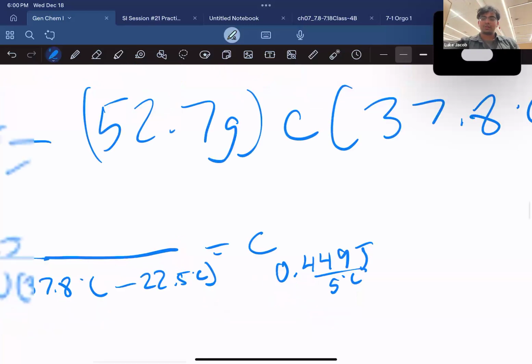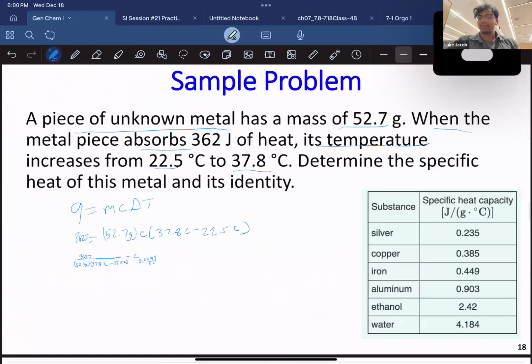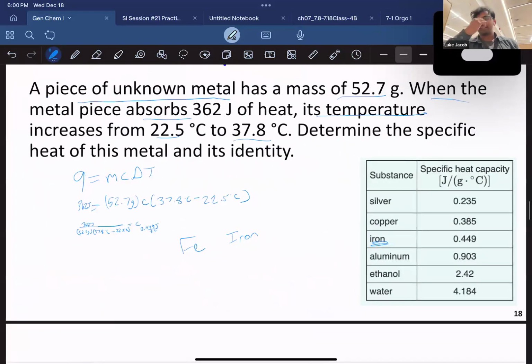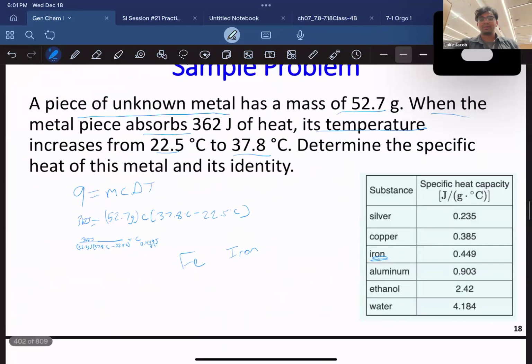Now you want to look at the table and see which metal follows that. As you can see here, it's iron. So the identity of this metal is iron. Any questions of how I did this?